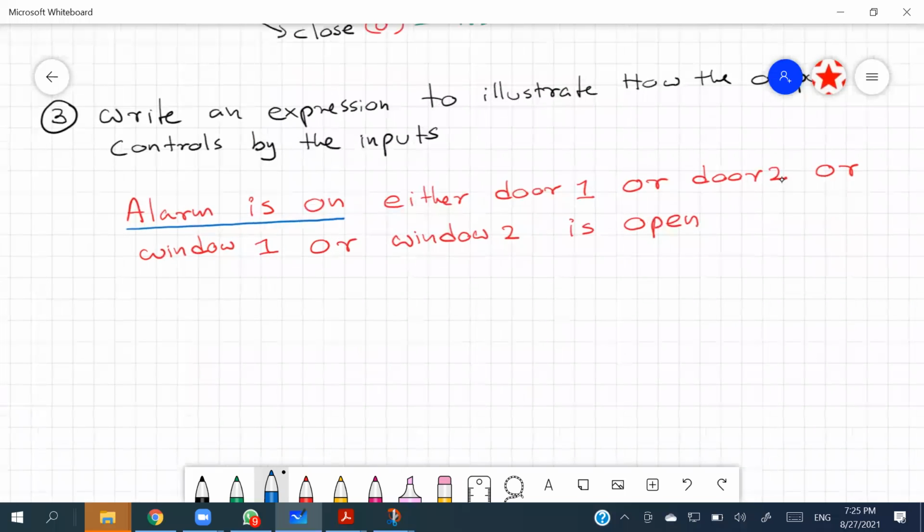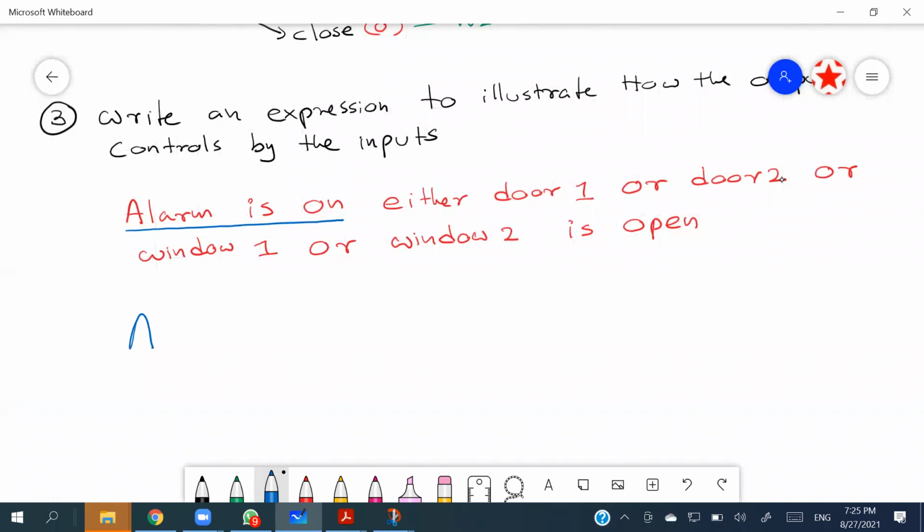Here we go. Alarm is on. So that means A. So that is the output. Alarm is on, so the output is 1 on my left hand side. So I'm putting equal. Then on my right hand side, I'm going to write the behavior of the inputs. It says either door 1 or door 2 or window 1 or window 2 is open. So that means D1 or D2 or W1 or W2.